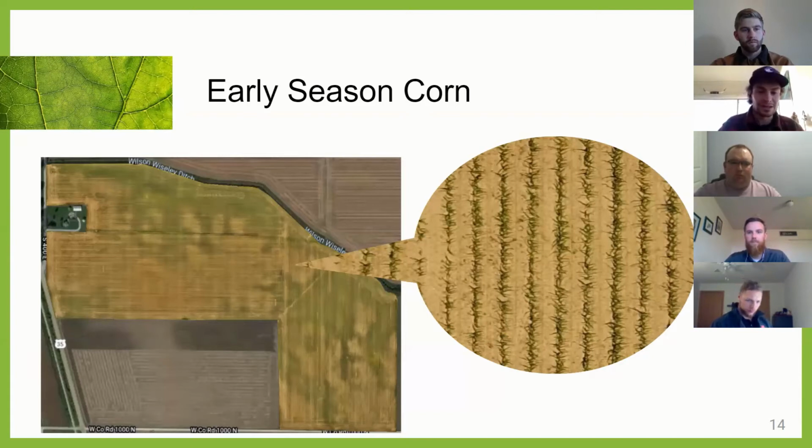And then that same patchiness continues down into that southern section after the elbow. And this could be for a lot of reasons. But what we really want to make sure it isn't is an issue with the planter and the seeding of this early season corn.